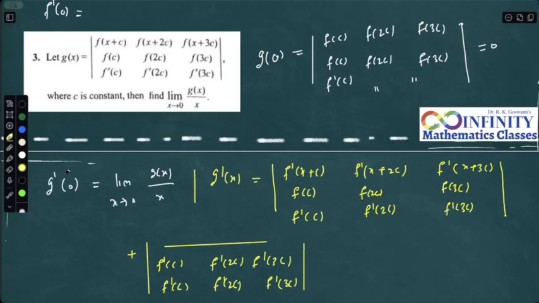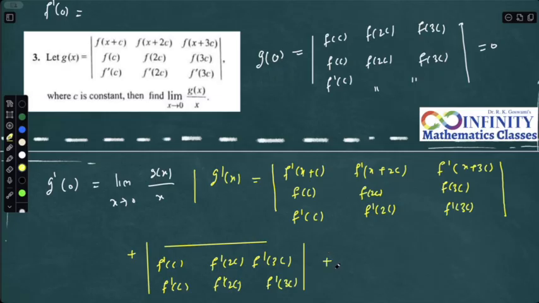Why am I showing you this? Because you should observe that row number 2 and row number 3 are identical, and whenever two rows are identical, the value of the determinant is 0. So this expression is completely 0. Got it?